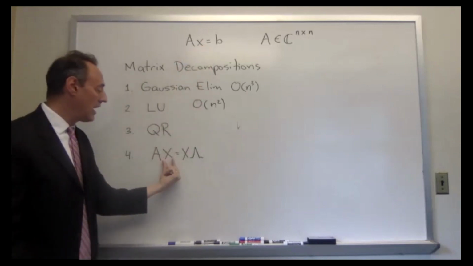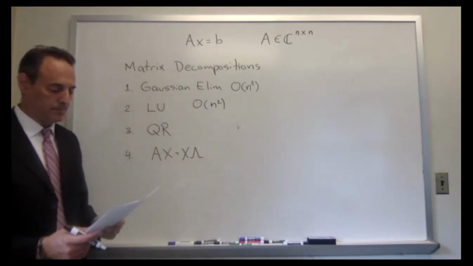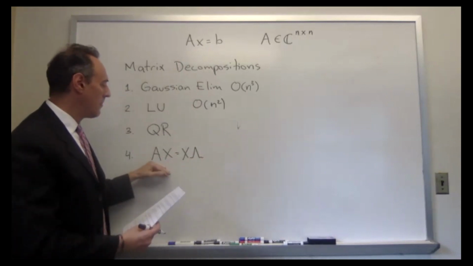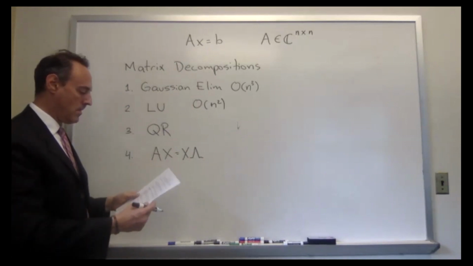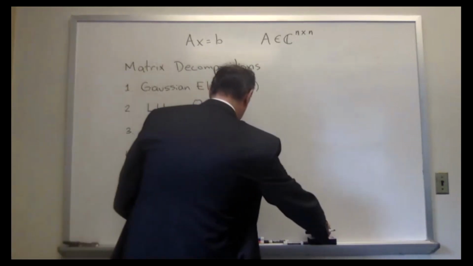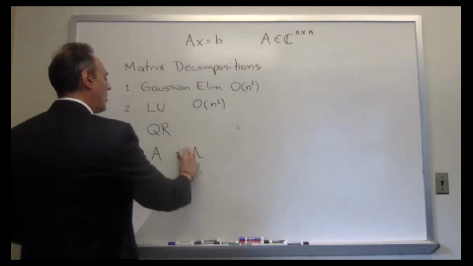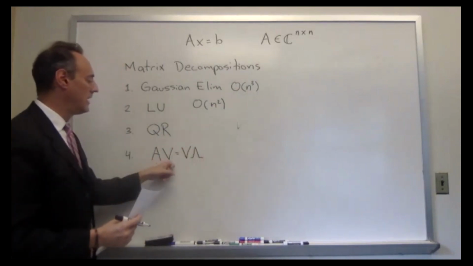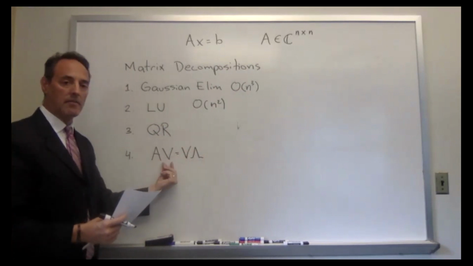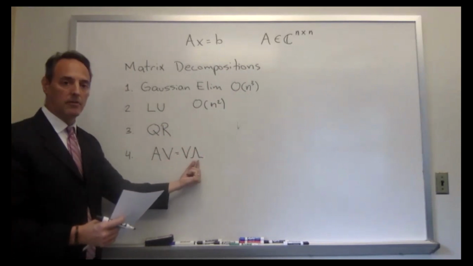So these are all the eigenvectors, all the eigenvalues. The important thing about this, well, actually, let me stay consistent with my notes. Sorry. I'm going to call these eigenvectors V instead. AV, so the V's are the eigenvectors, and those are the eigenvalues.